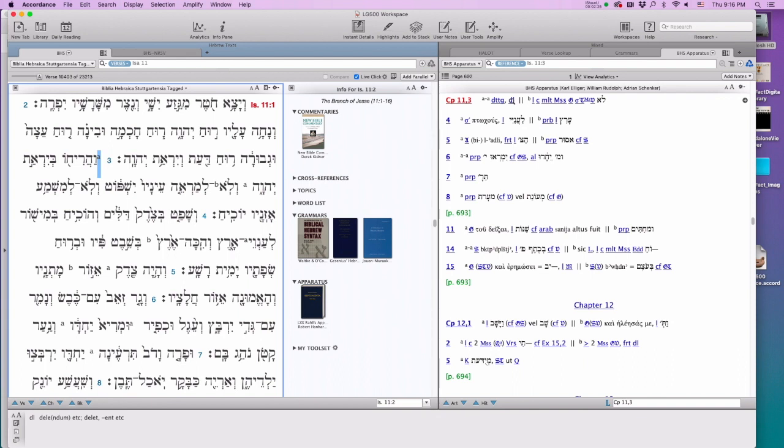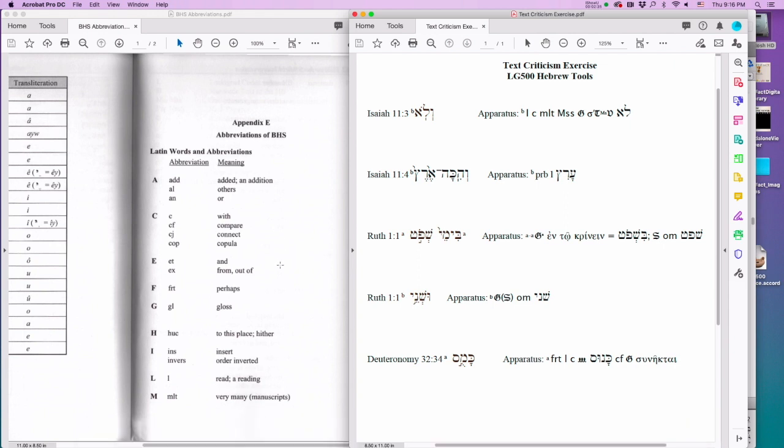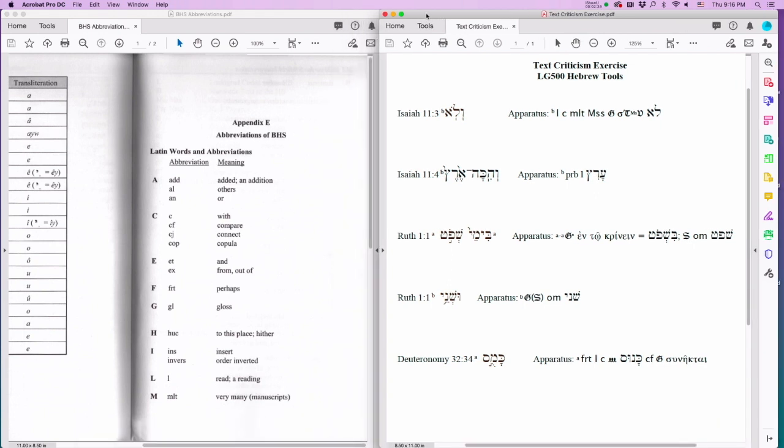So, what I am sending you is Appendix E from Walker-Jones, where he decodes some of these abbreviations.